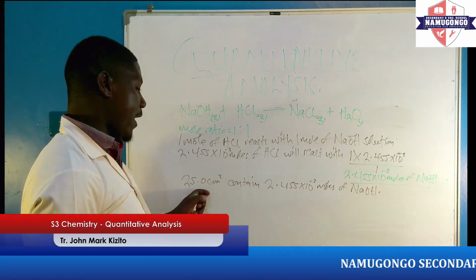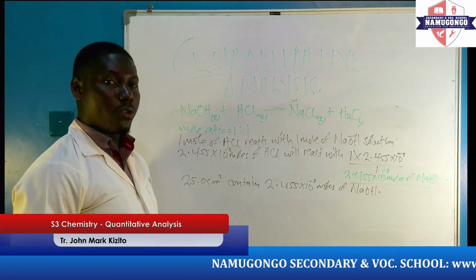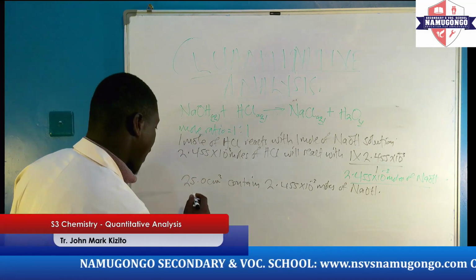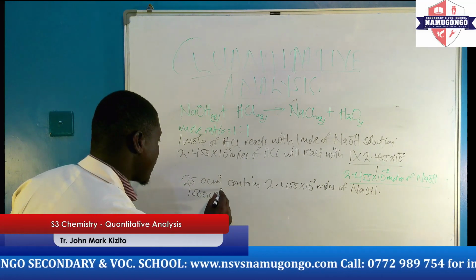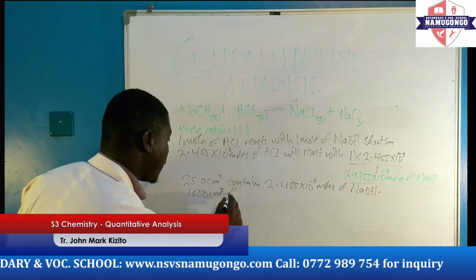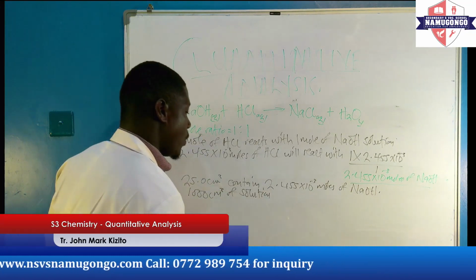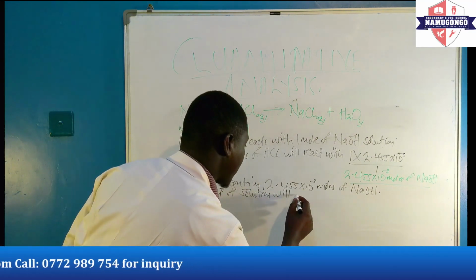These are in 25. So now we are going to shift them and take them to 1,000, which is molarity. What about 1,000 cubic centimeters of solution? Which number of moles will it contain?